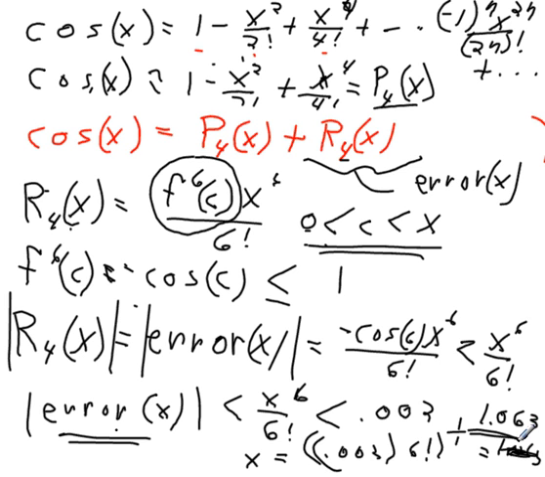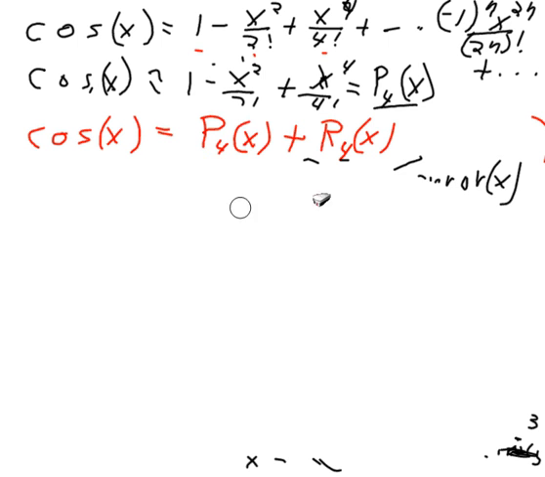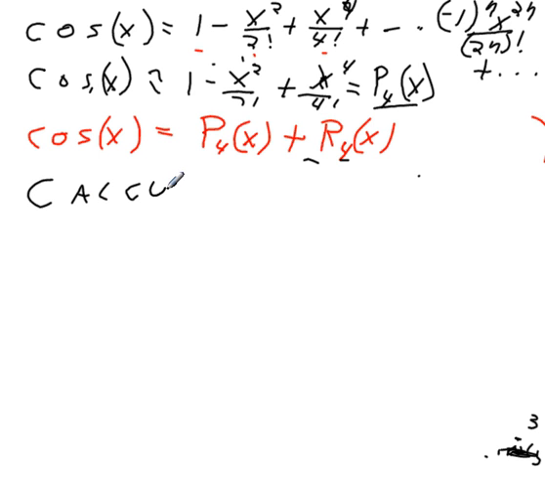So I got answers from this case, and let me just review the answers we just got. Okay, now my calculator said x would be less than 1.066, greater than minus 1.066.